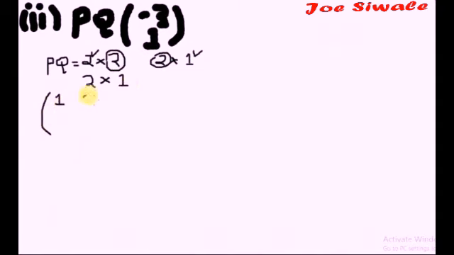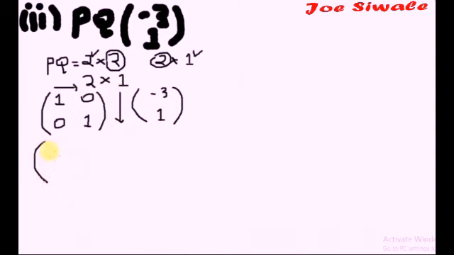So I'll write down the matrix PQ, which is an identity matrix in this form: 1, 0, 0, 1. The thing you must know is that if you multiply an identity matrix with any matrix, the final answer is that matrix. An identity matrix is just the same as 1. So multiplied by the matrix −3, 1, I'll use row by column.